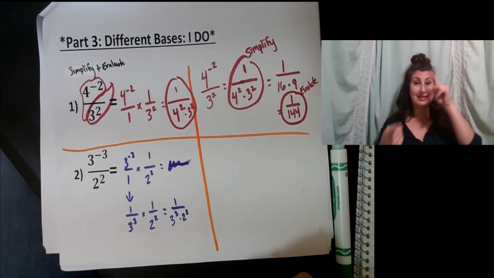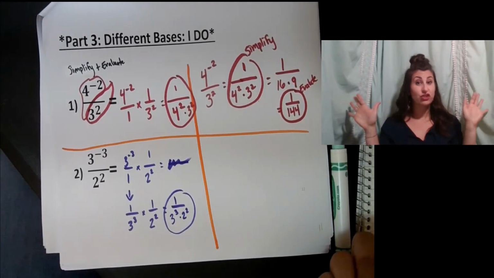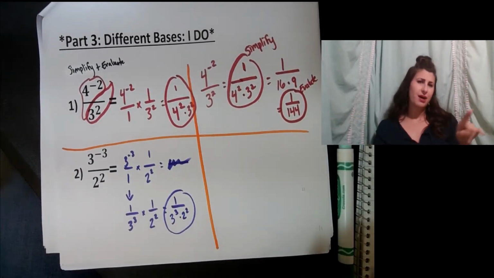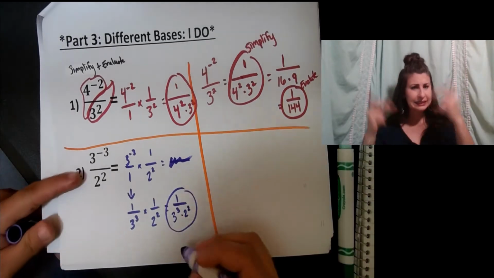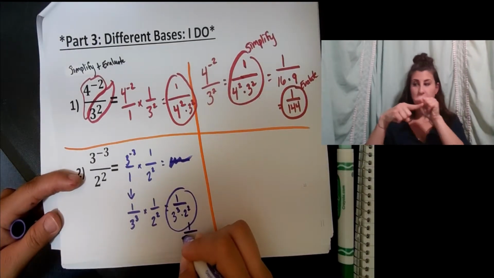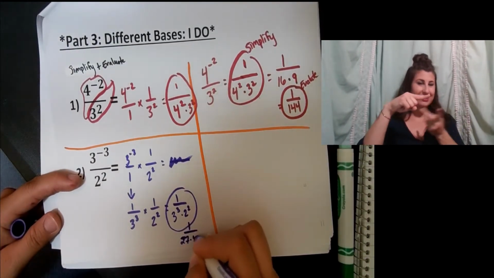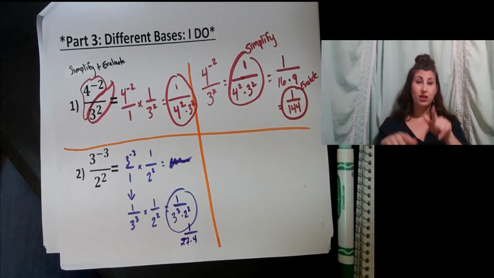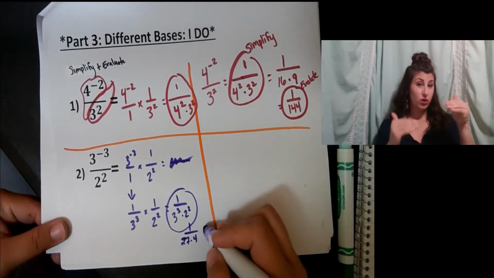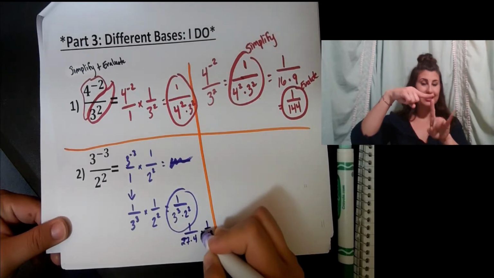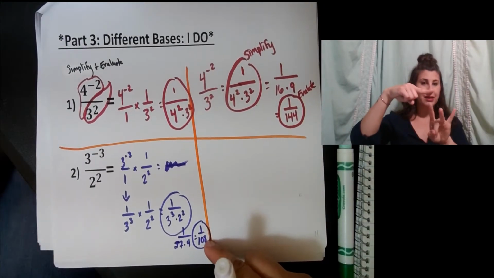So here's my simplification right here. But if I were going to actually evaluate, it would be 1 over 27 times 4. Right? And 27 times 4 would be 108. So that's my evaluation right there.